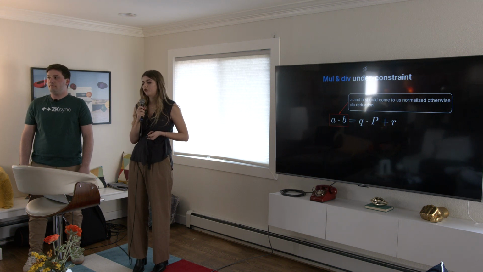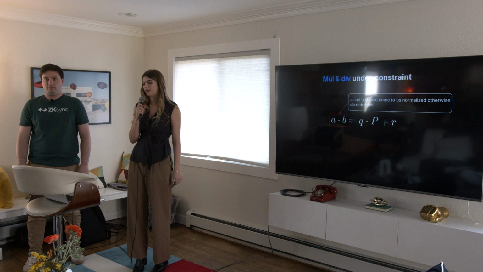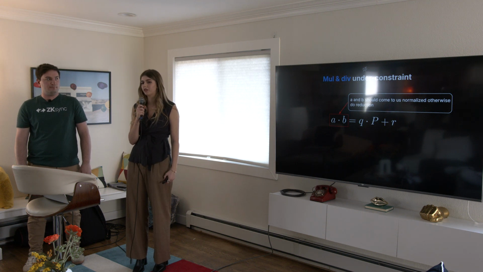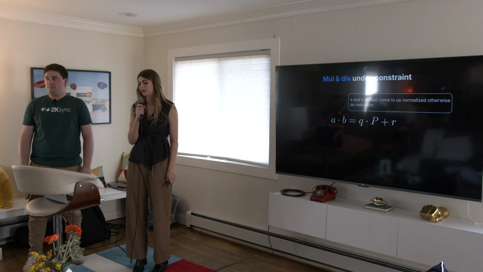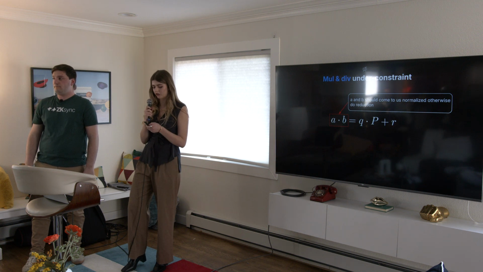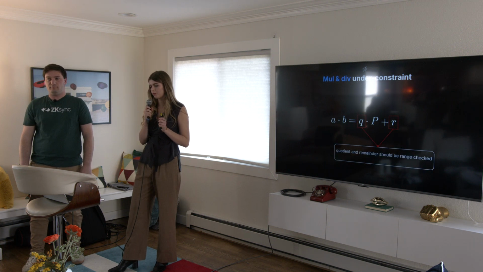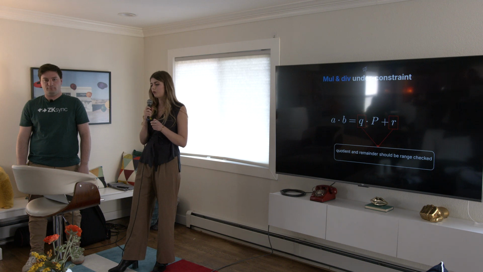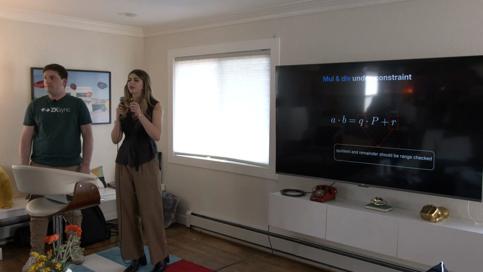First of all, we need to check that A and B are normalized. Normalized means lying in our modulus. If they are not normalized, we need to do some reduction. Second, it's important because Q and the remainder are witnesses.